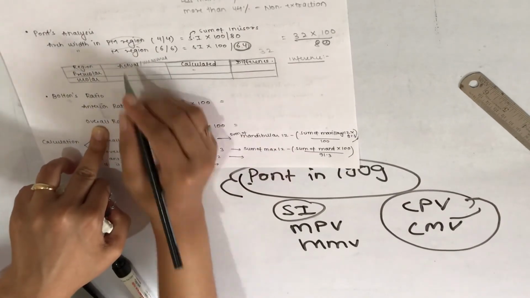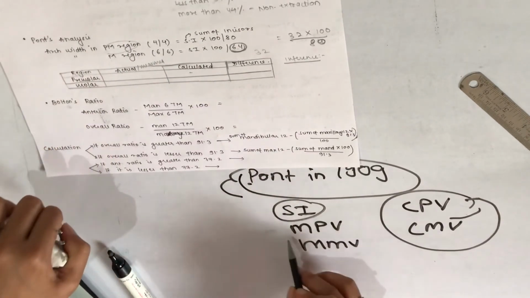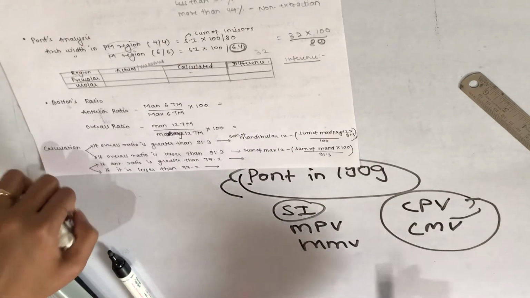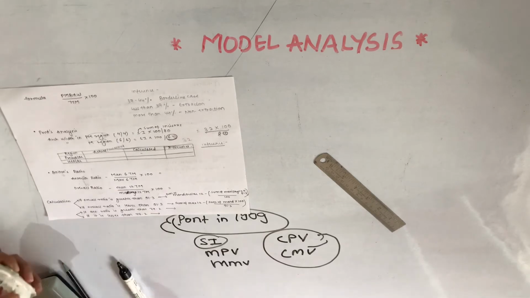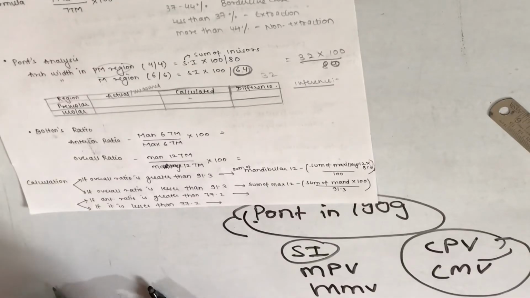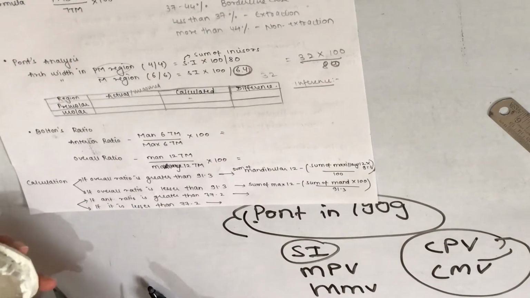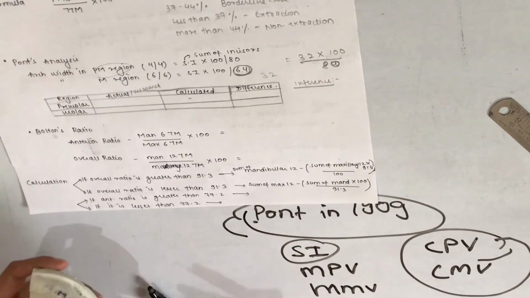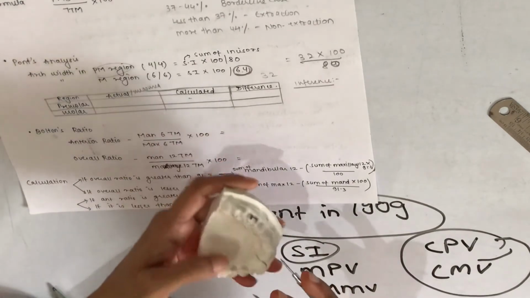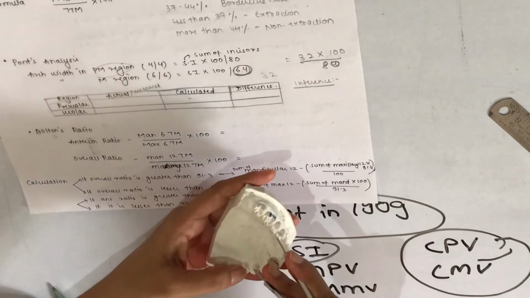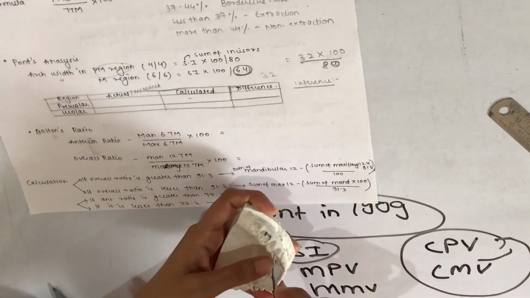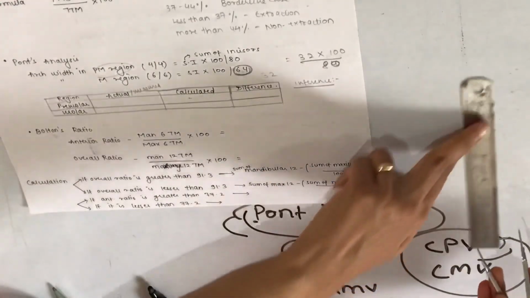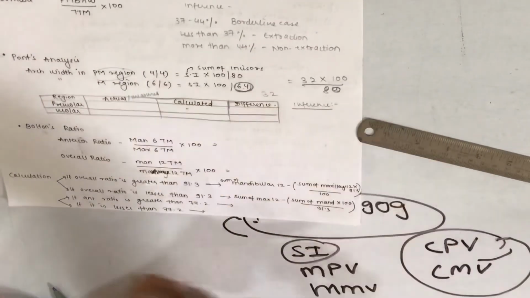Now the actual is nothing but the measured premolar value and measured molar value. For the measured premolar value, you keep the divider on the distal pit of the first premolar to the distal pit of the opposite first premolar. So you keep it on the distal pit of the first premolars on either side, and then you measure it on the scale and write the calculation.